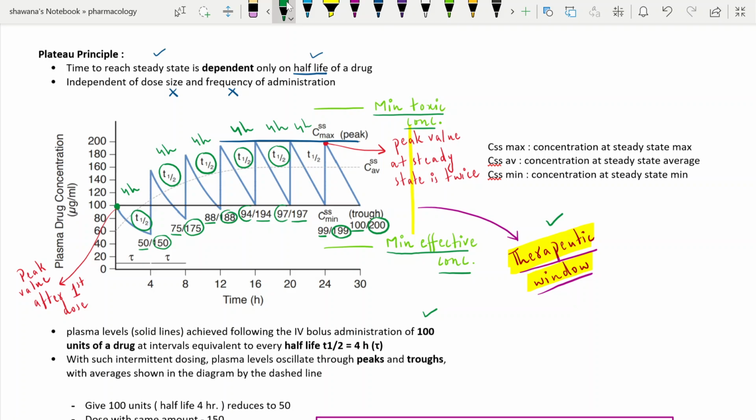We need that. It means that the concentration at the steady state that is maximum is CSS max, and CSS min means the concentration at the steady state that is minimum, and we are going to look at the average concentration that is in between these two, and it is in the therapeutic window.